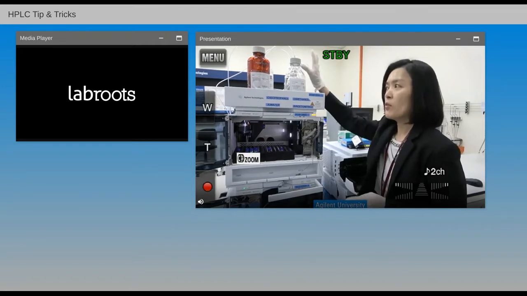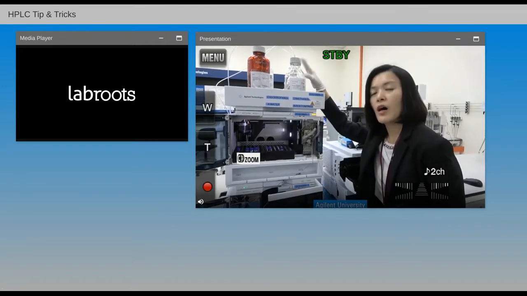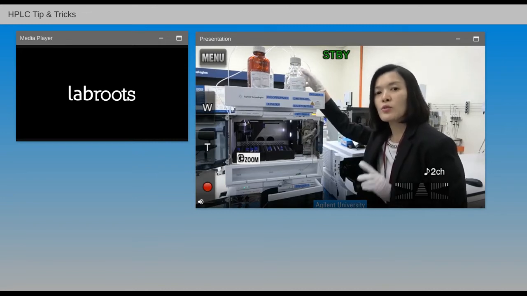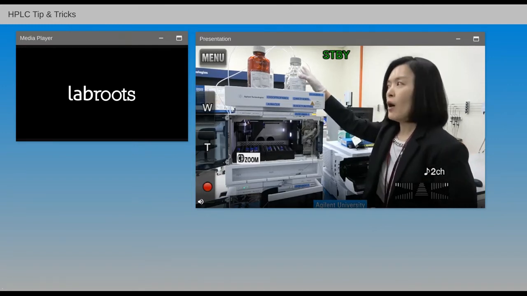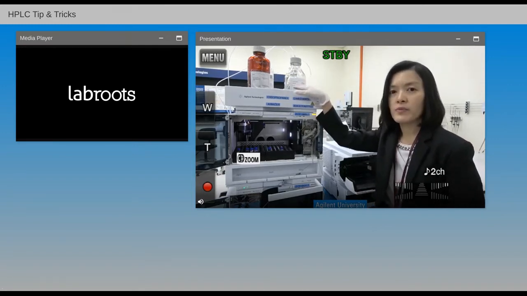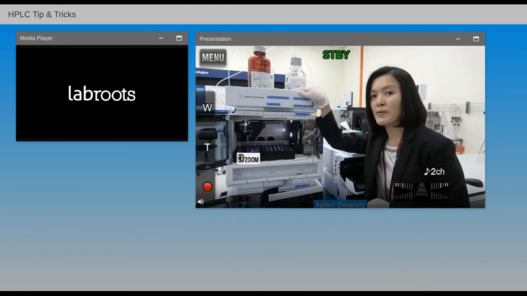So when you have a salt buffer with acetonitrile being used as a mobile phase, you will really need to take note of the high back pressure that may be due to precipitation of this salt. Your water contains salt buffer, and when it is in its own bottle, precipitation may not happen.